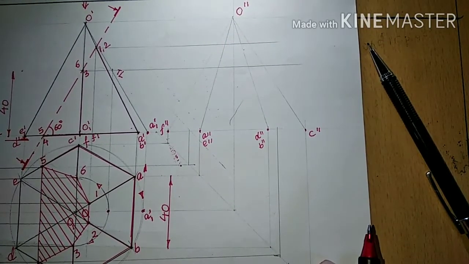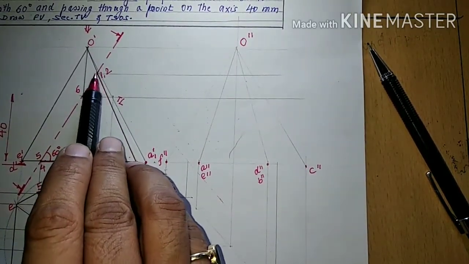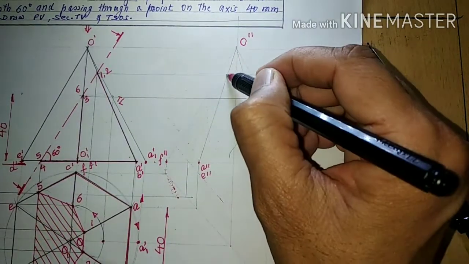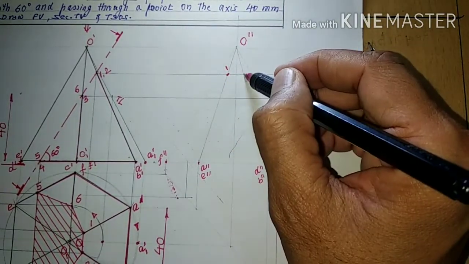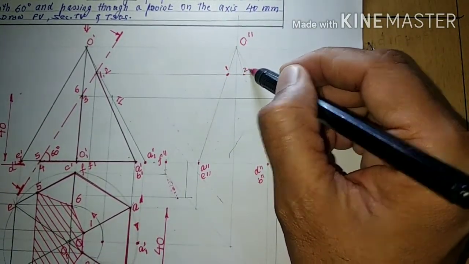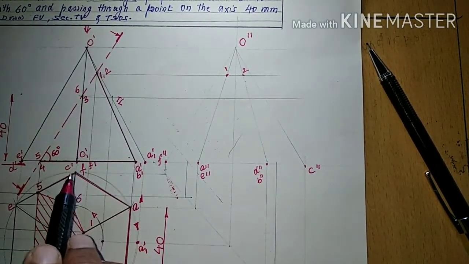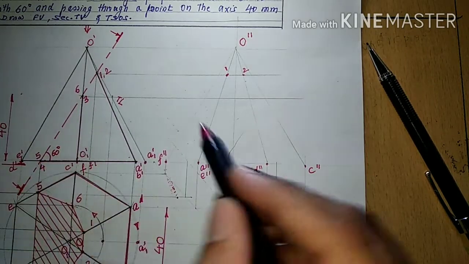Right now also see here, 1 and 2 are on OA and OB. So OA is here, so here we'll get 1. OB is here, so here we'll get 2. Then 3 and 6 are on OC and OF. So on OC it is 3.